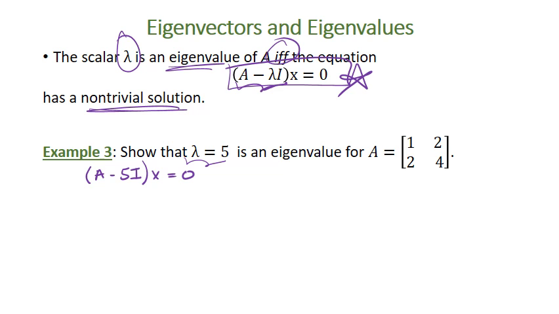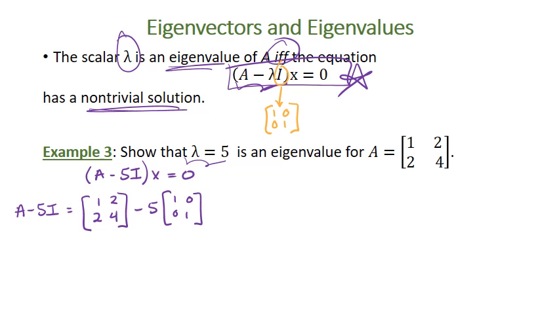Okay, so let's first start with A minus 5I. Now, remember, I is the identity matrix. So it's ones on the diagonal and zeros everywhere else. So matrix A is given to us here, minus 5 times the identity matrix.